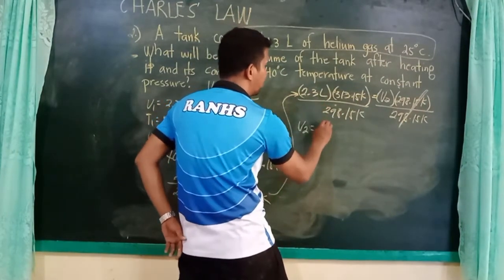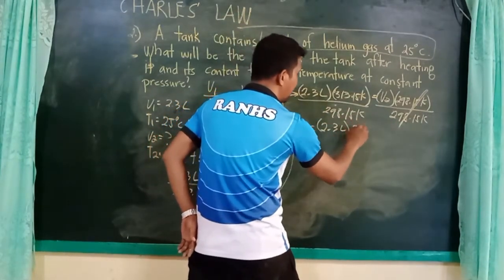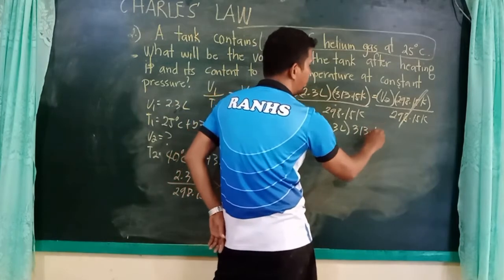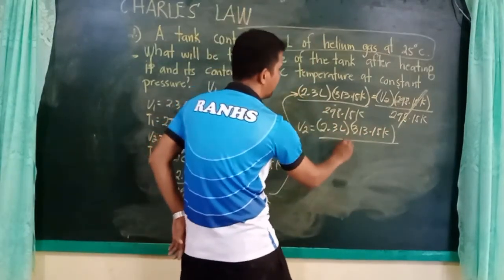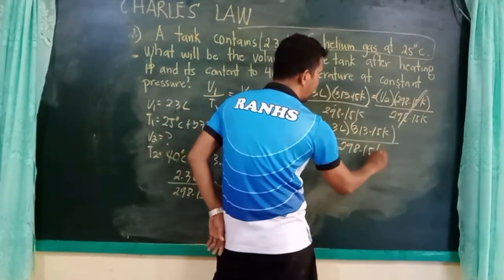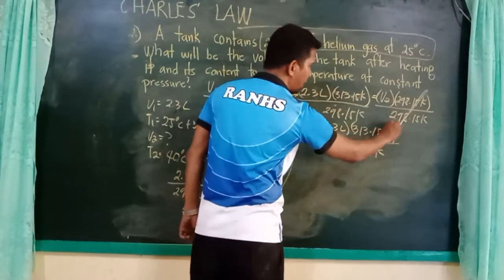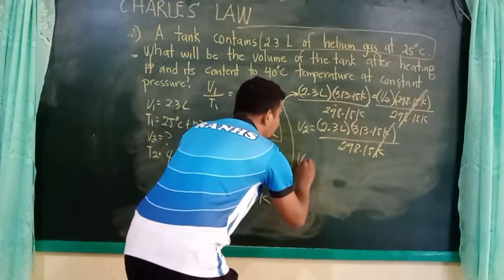V2 is equal to 2.3 liters times 313.15 Kelvin divided by 298.15 Kelvin. So we're going to cancel the Kelvin unit, and let's proceed to the computation.